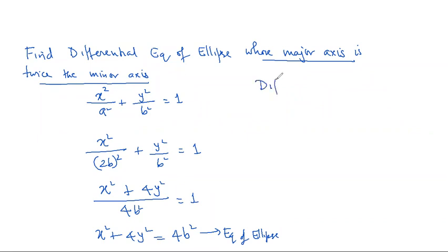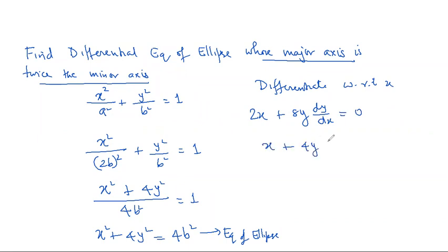Yes, just directly differentiate and you get the answer. 2x plus 8y dy by dx equal to 0. x plus 4y dy by dx equal to 0 is the required differential equation.